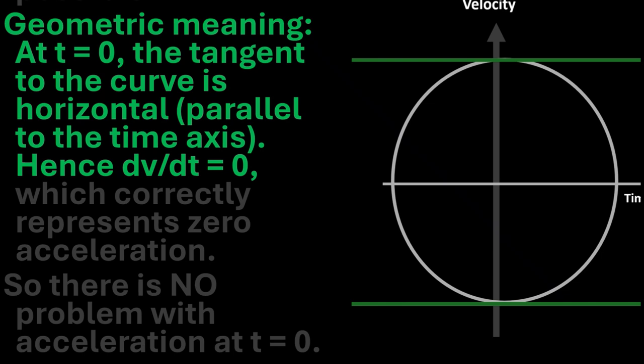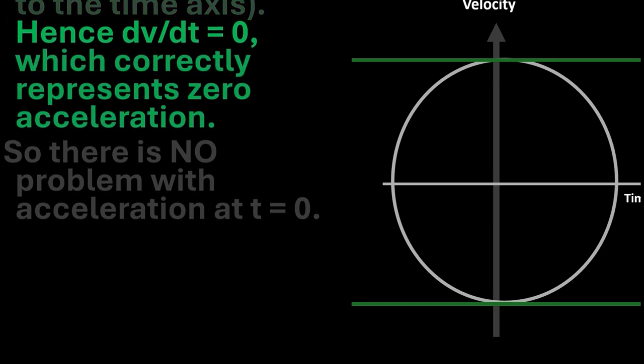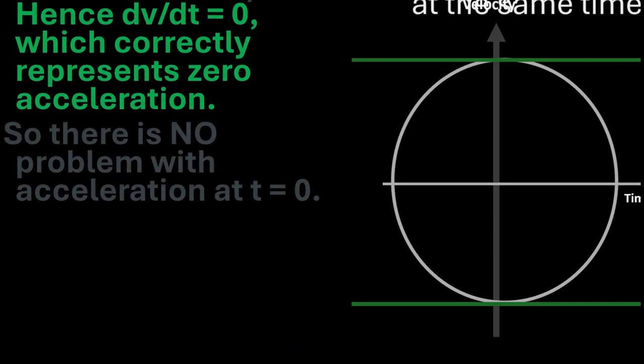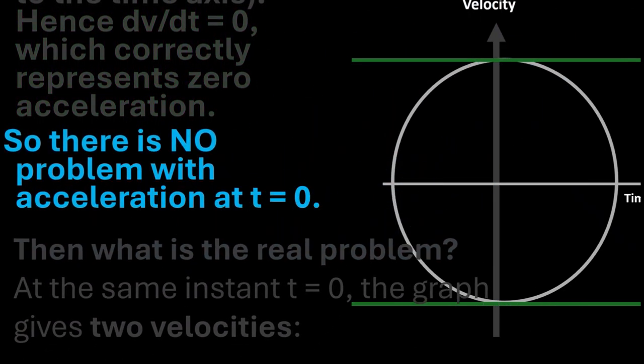It is dv by dt, the rate of change of velocity, which is acceleration. So when slope is equal to 0, acceleration is equal to 0, which is perfectly possible. Nothing wrong with that. So there is no problem with acceleration at time t is equal to 0 being equal to 0.